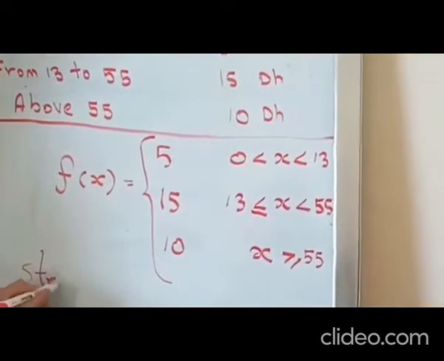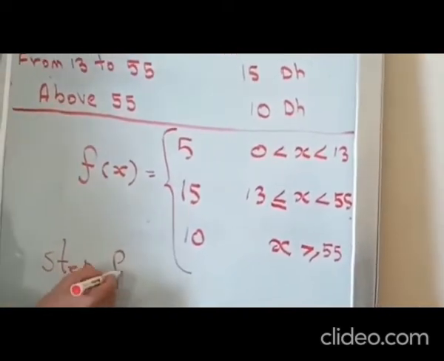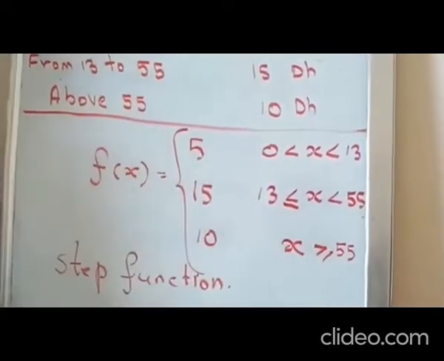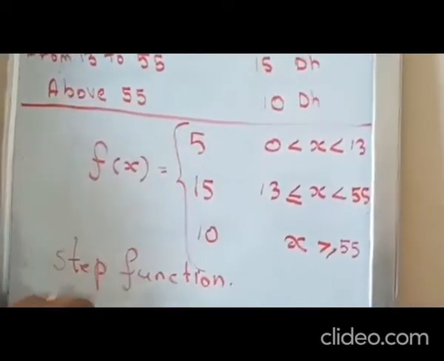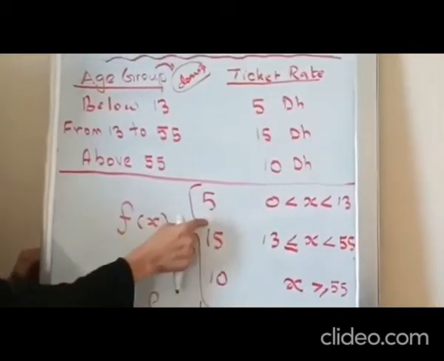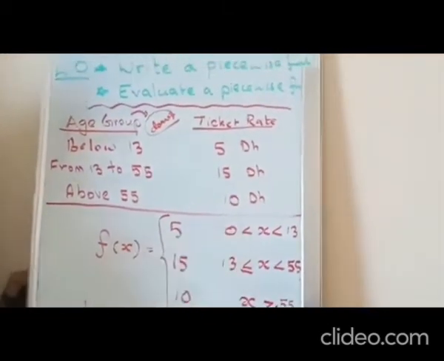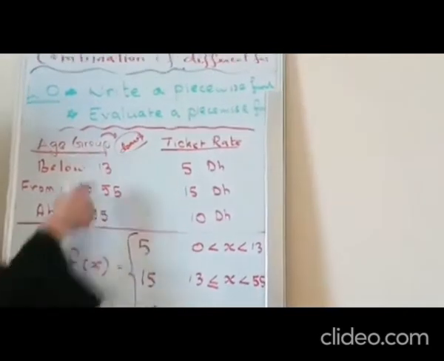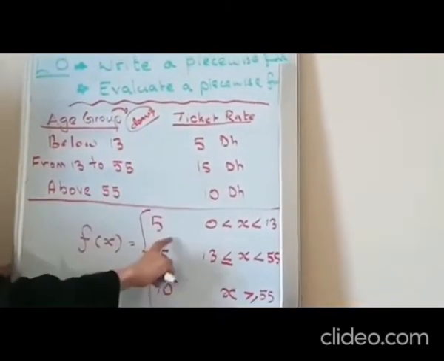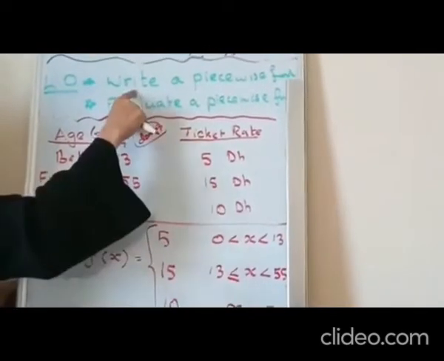We call it a step function. The example I took for the piecewise function is a step function because f is constant throughout the given domain. That's all about writing a piecewise function. This information we wrote in this way, so we know how to write it.